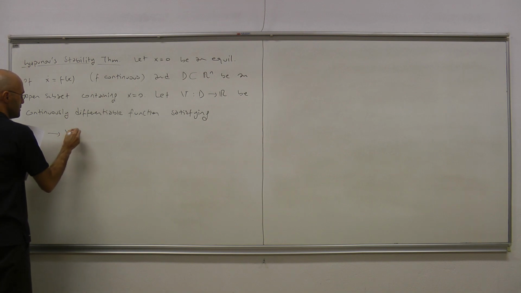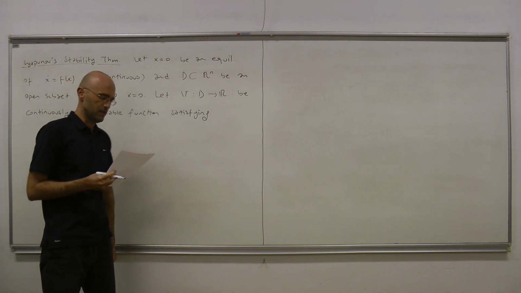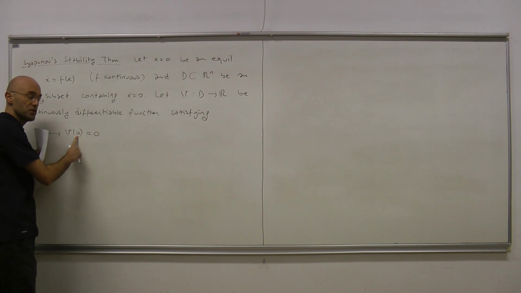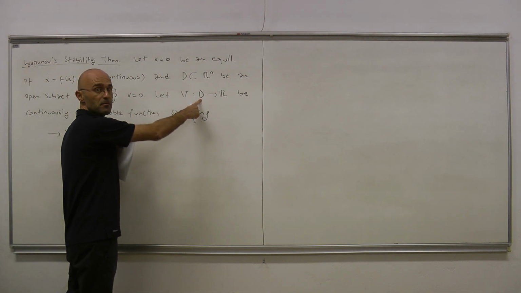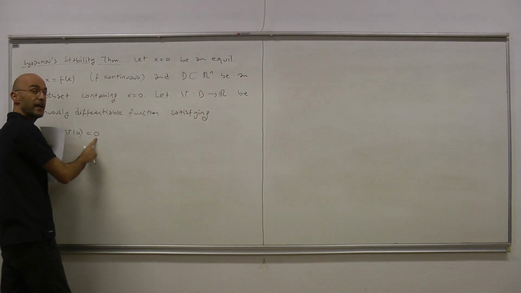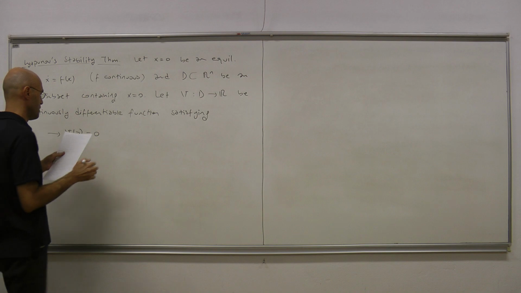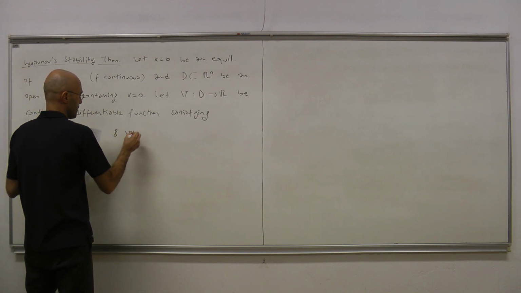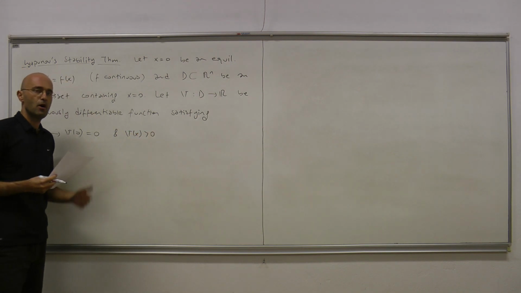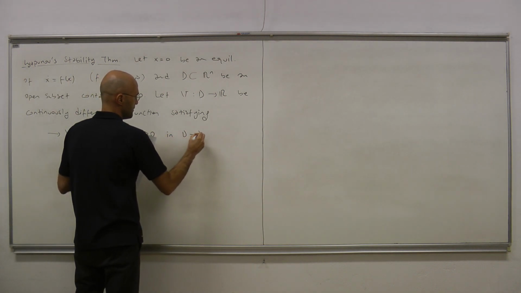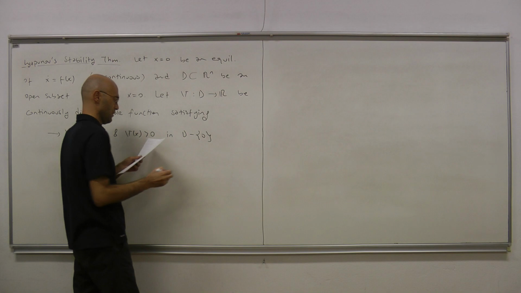Okay, the first condition is positive definiteness. It's 0 at 0, so this is the vector 0 because its arguments are coming from a subset of R^n, and this is the scalar 0 because it maps everything to the real line. 0 at 0, and it's strictly positive elsewhere in D, take away 0.